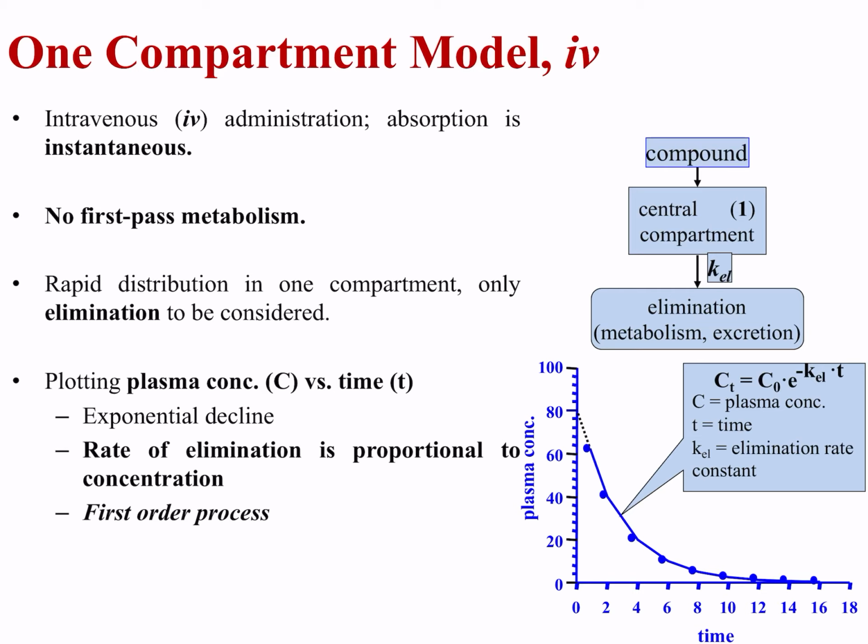The exponential decline means that the rate of elimination is proportional to the concentration. This means mathematically that it is called a first-order process, and can be used therefore to predict the concentration at any given time using the equation shown in the blue box, that is Ct equals C0 multiplied by e to the power of minus the elimination constant times time, where C is the plasma concentration, t is the time, and KEL is the elimination rate constant.